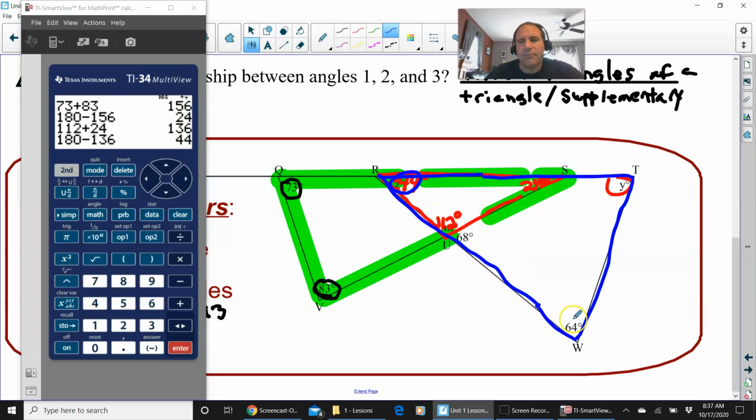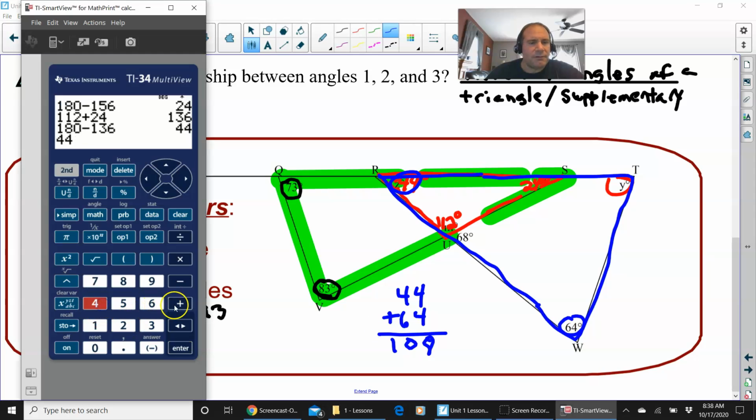We need another. We do have it. So we have 44 plus 64. All right. And 44 plus 64 is 108.